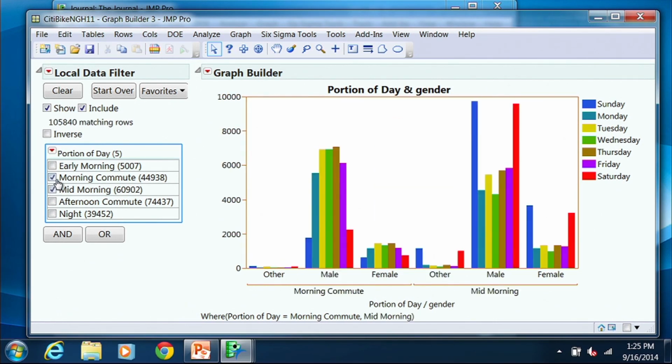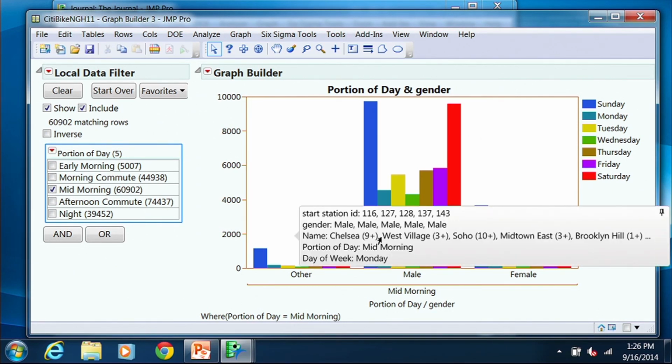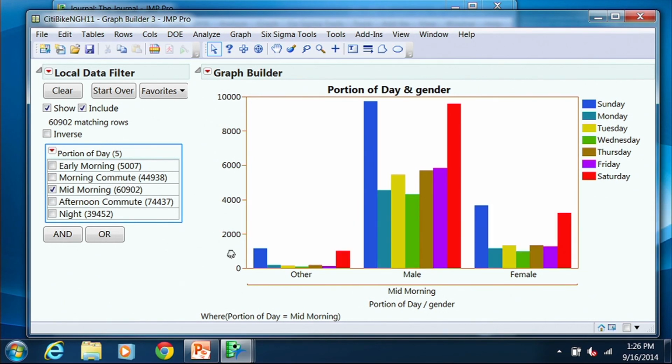And once again, we're just reaffirming or making sure our understanding and our patterns of recognition are making sense to us as we go through our particular drill down and as we learn and ask more and more questions. So the graph builder and the data filter are awesome ways to take large amounts of data and begin to drill down and understand the population and who's renting, how are they working and moving through the city.